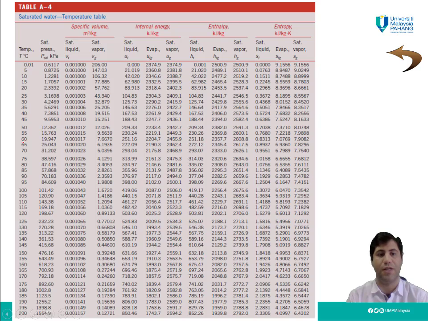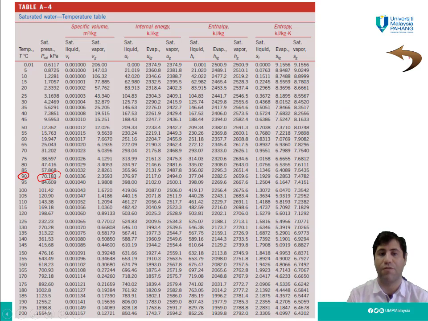The temperature here is 90 degrees Celsius. Then how much is the saturation pressure for that? It is 70.183 kilopascals, the saturation pressure for this temperature.